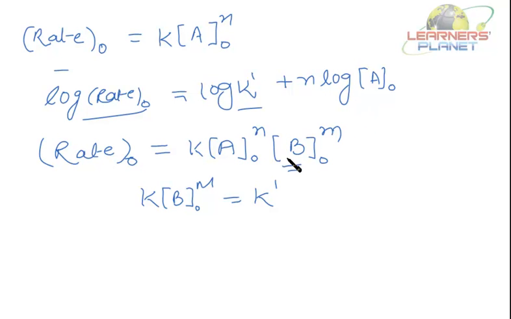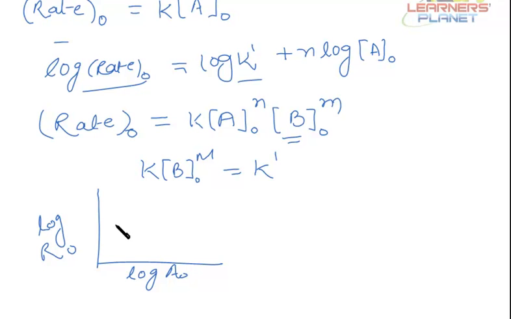Now if I'm plotting a curve, let's plot the graph between log of the rate initial and log of the initial concentration. So we'll get a slope over here.